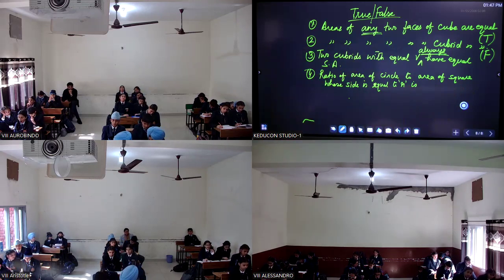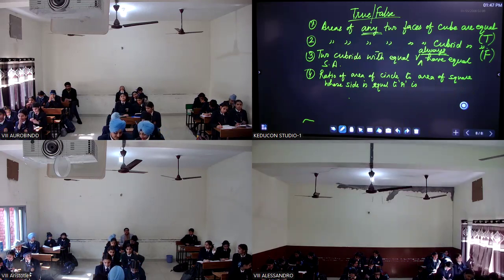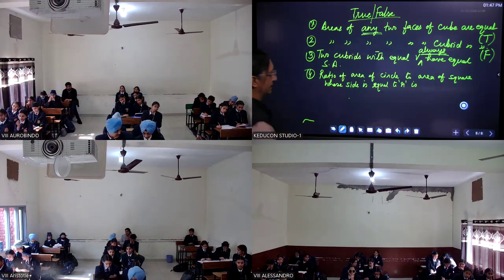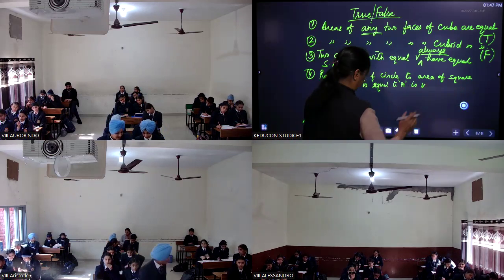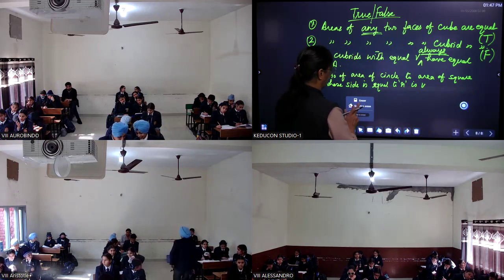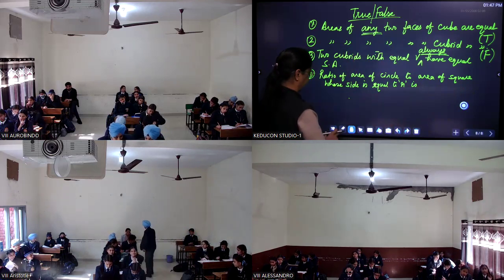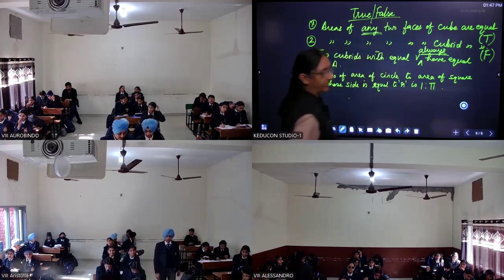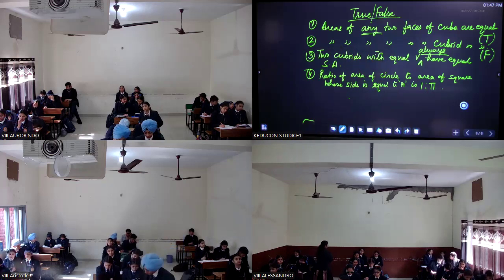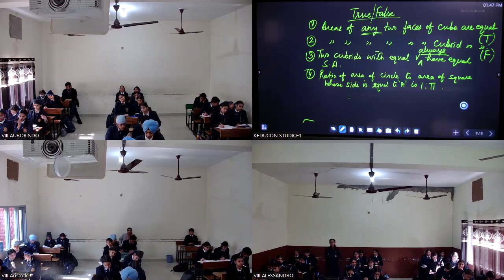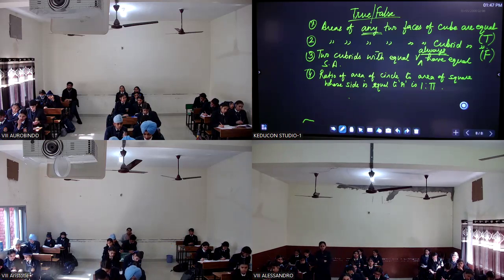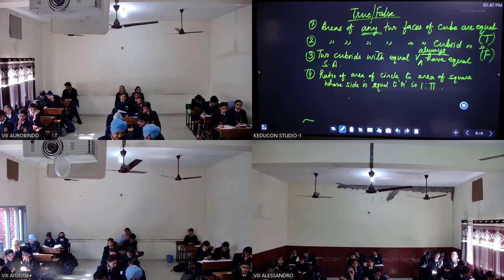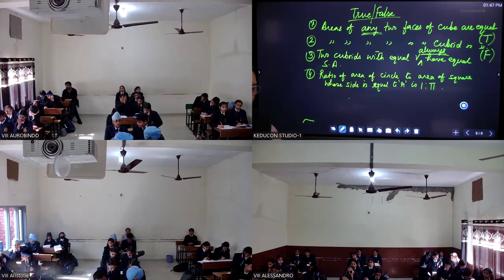Understand, small r is the radius only. The ratio of area of circle to the area of square whose side is equal to r is 1:5, sorry, please check it. The ratio is 1:5. False.